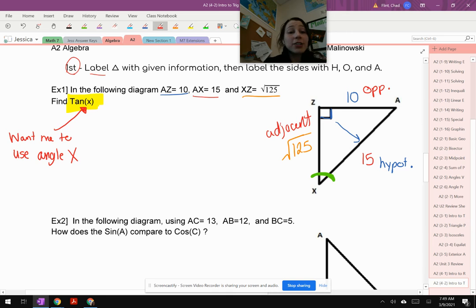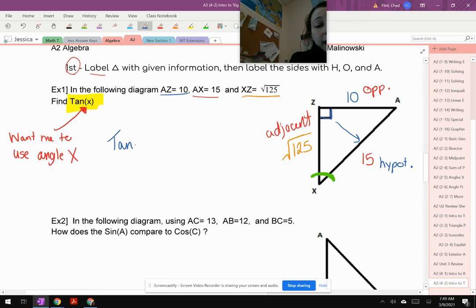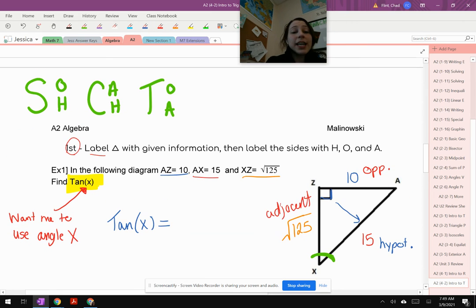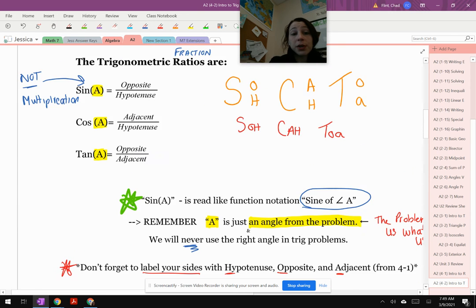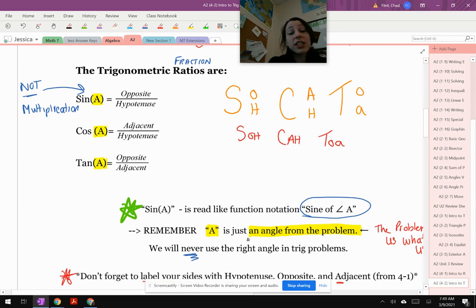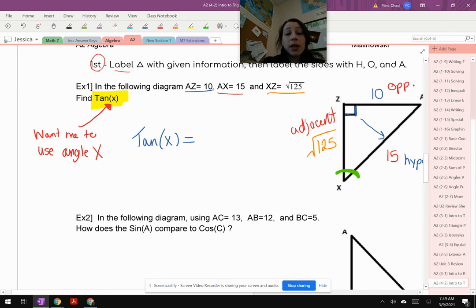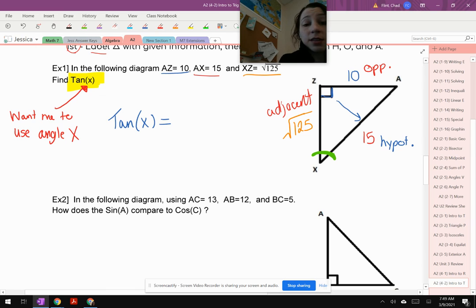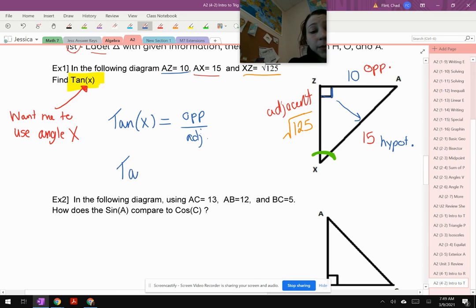So tangent of x, when I set this up, I'm going to write just like I did: tan of x is equal to, tangent was my TOA, or going back up a little further in the notes where it's written out, tangent is the fraction opposite over adjacent. So that means they want opposite over adjacent, which I'm going to fill in with the side lengths from the problem.